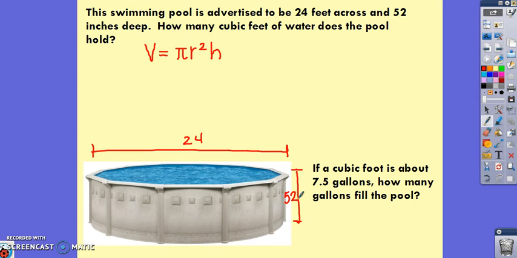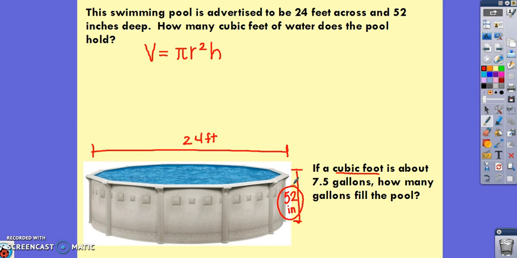Did you catch on that they're using different units here? So 24 feet across, 52 inches deep. Maybe we should do a little conversion first. So do you want to go all in inches or all in feet? My first instinct would be to go all in inches because that seems easier, but later they're about to ask me something about cubic feet, so maybe I should put this 52 inches into feet instead.